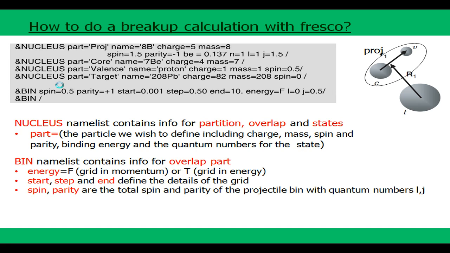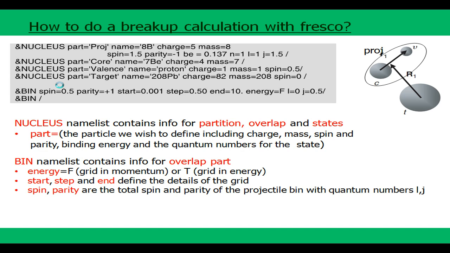So we've defined a spin of 1.5 and a parity of -1. Binding energy corresponds to the separation energy between the proton and the beryllium-7. So the binding energy here is not the full binding energy of boron-8, it's the cluster binding energy, the relative motion between these two. So it's 0.137 MeV. And then here are the quantum numbers that define the ground state of this nucleus as a cluster of a proton plus beryllium-7.